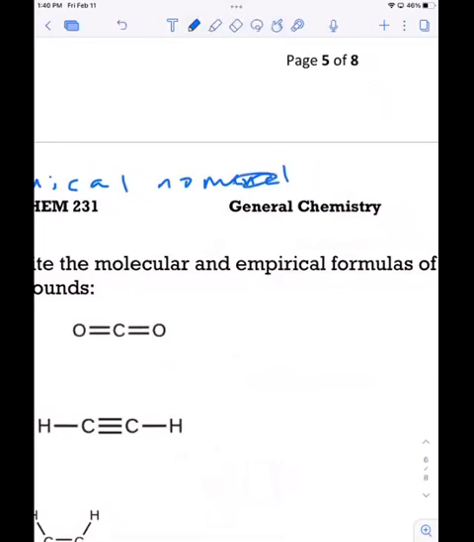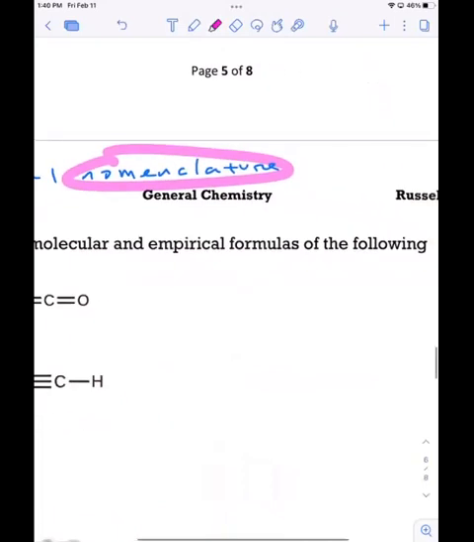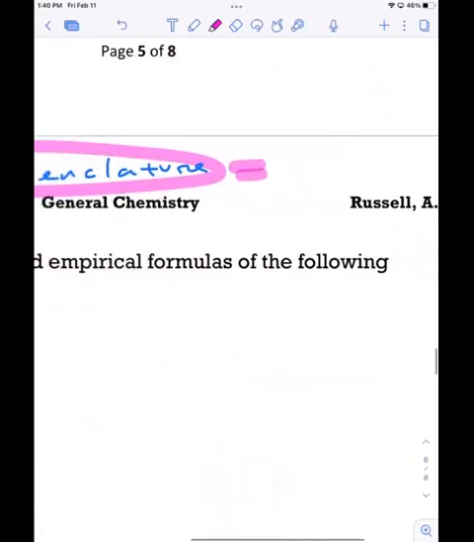And this is a big word, nomenclature. All it means is naming. That's all we're going to be doing is naming.